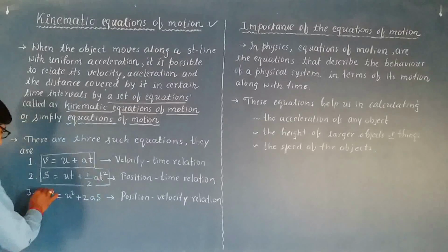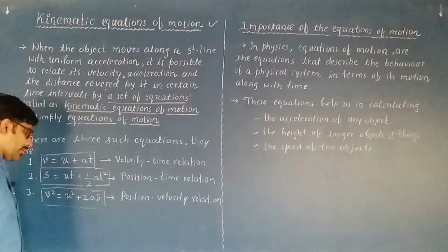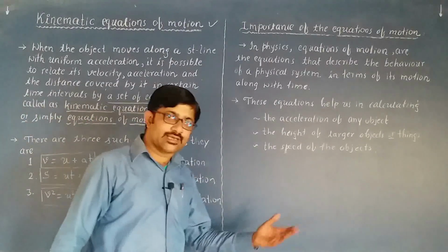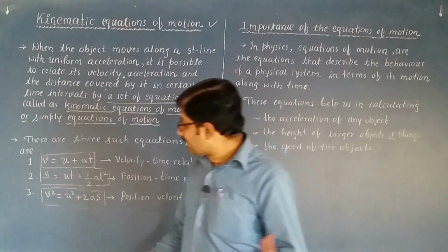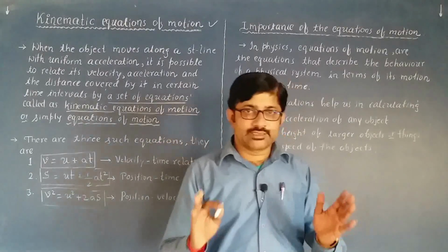And the third one is V square is equal to U square plus 2as. In some books they have written V square minus U square is equal to 2as. Both are the same.